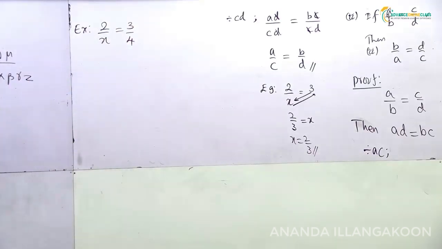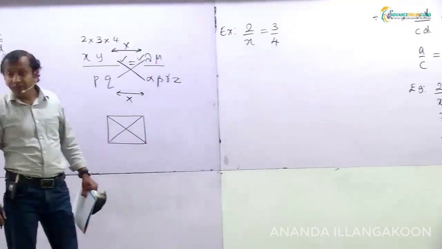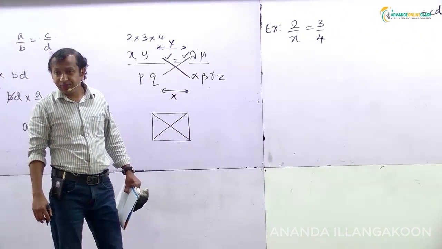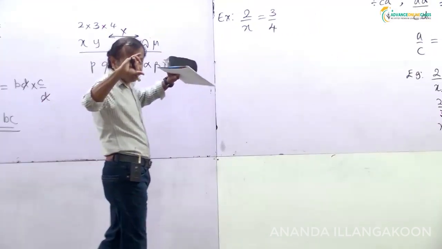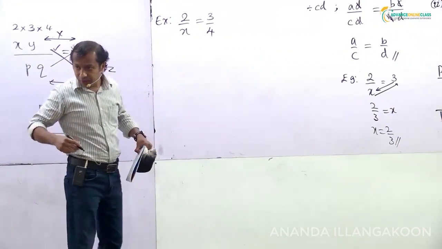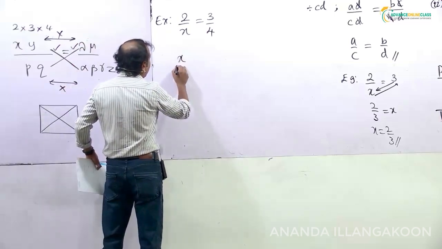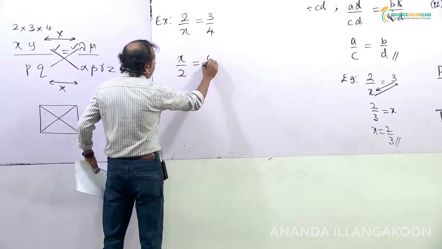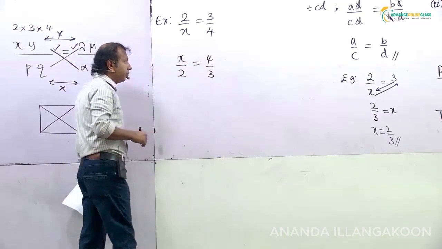We need to find x. Tell me, using this result, how to find this x? First of all, you can take the reciprocal of both sides, that means just the one we proved. X over 2 equals 4 over 3.